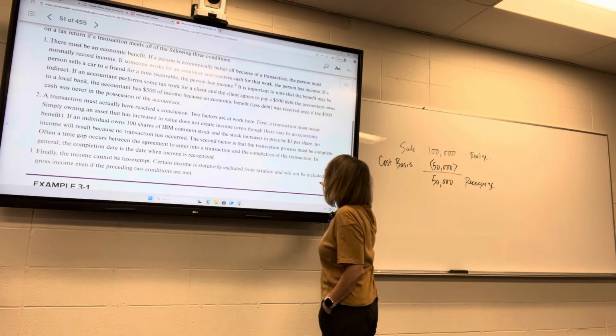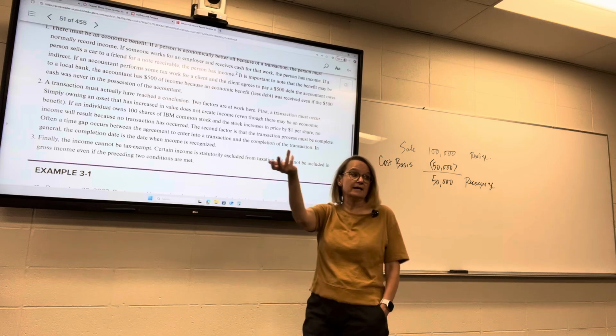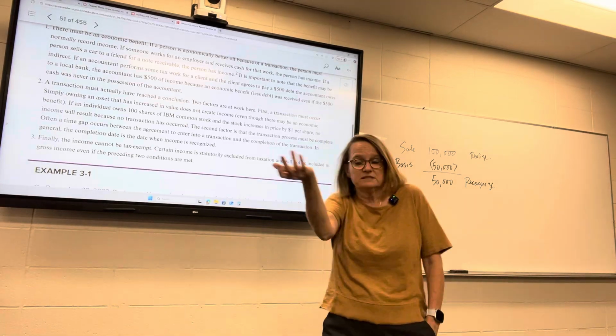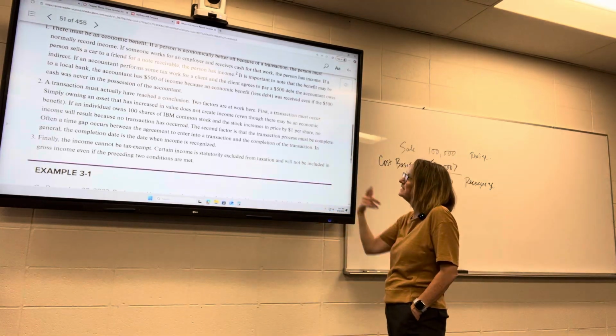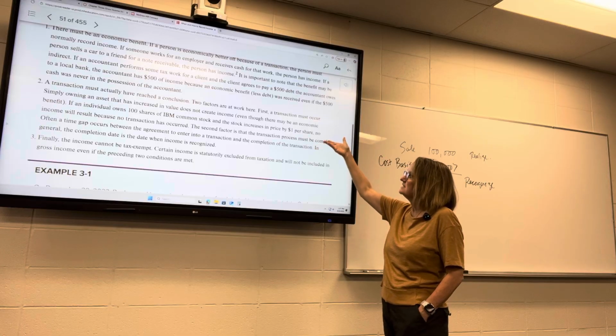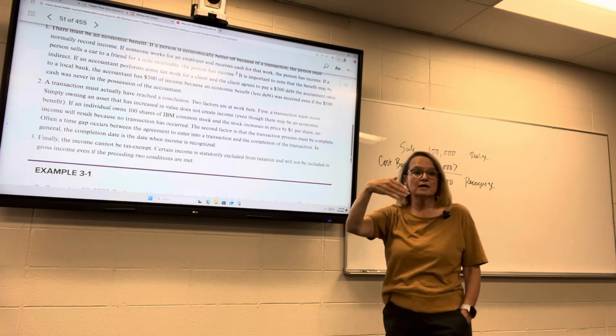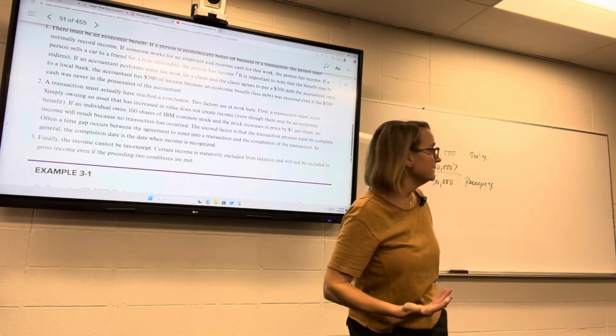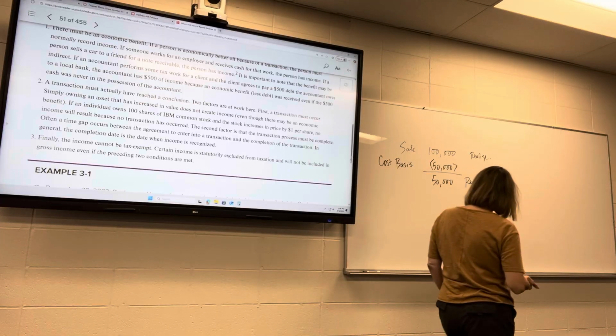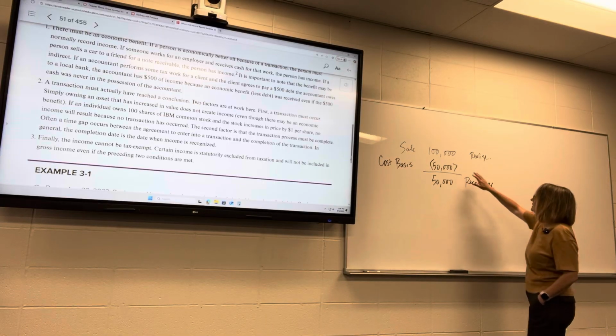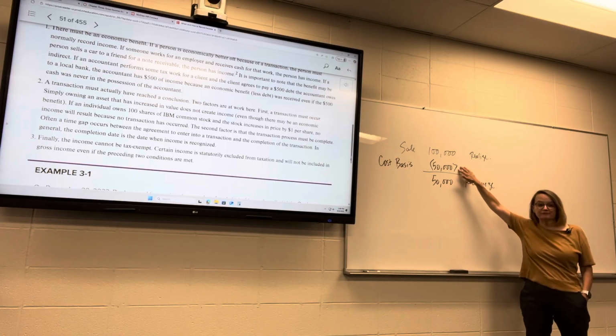So there are two things. First, a transaction has to occur. It has to occur in the first place. That seems kind of obvious, but simply owning an asset that has increased in value does not create income. So the example here, let's say we have a building, we bought it for $50,000.